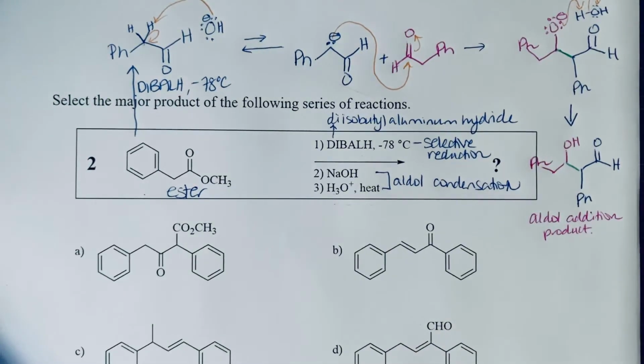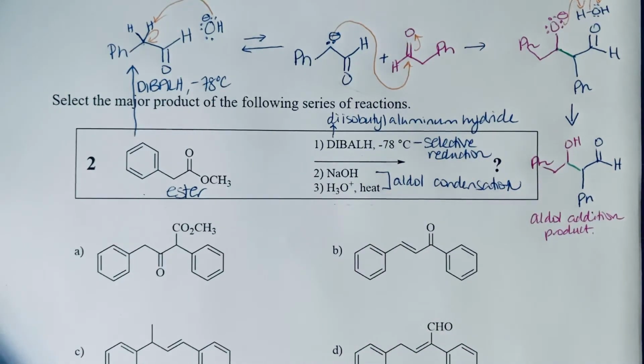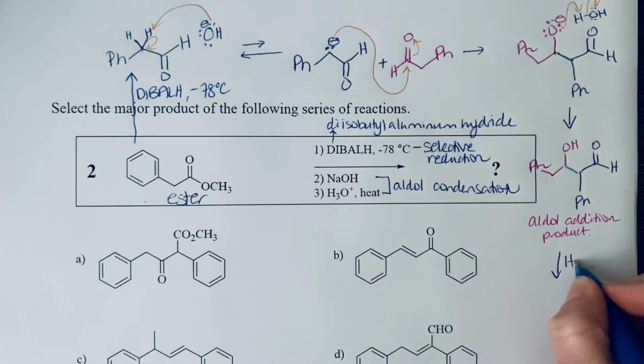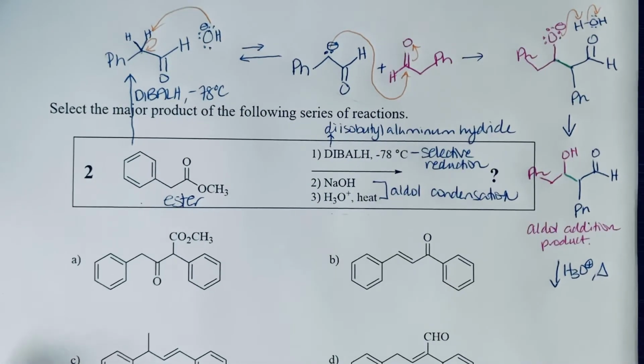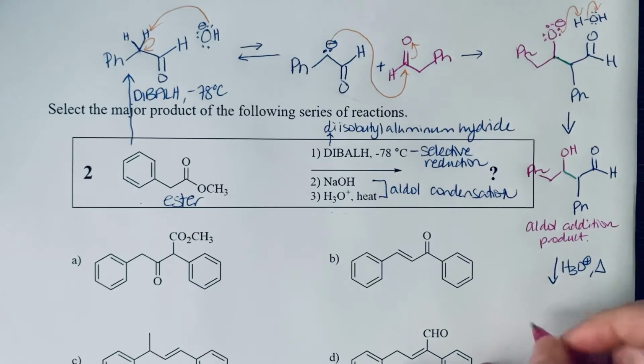And so what's going to happen to this aldol addition product if you add in aqueous acid and heat is you're going to protonate this so it becomes a good leaving group, and then you're going to have the elimination. So as you add the aqueous acid and heat this up, you're going to have the elimination to form the alkene. So I'm going to go ahead and draw the product with the alkene.